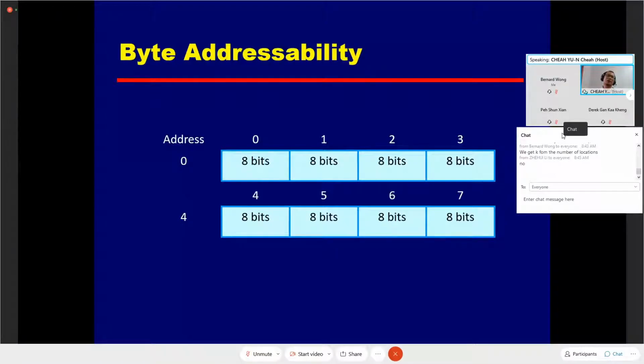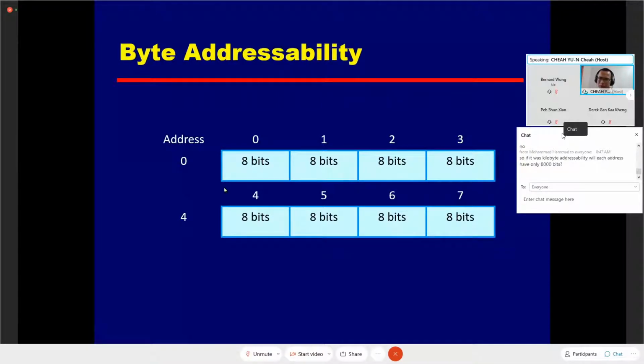That is as far as the ROM goes. Later, when you're introduced to the memory topic, you may be introduced to how to best deal with the number of locations and the number of bits required. But at this point in time, just remember addressable locations and the bit length, the word length.